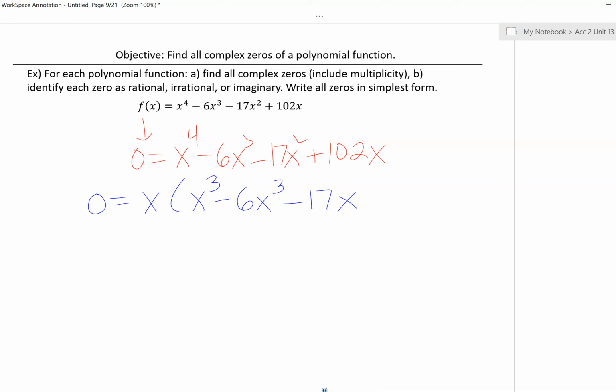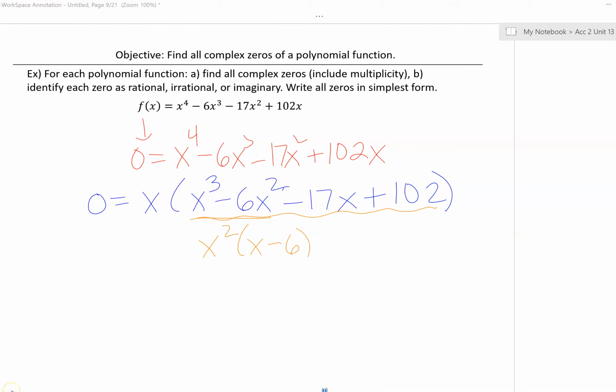Sorry, this should be a squared. And I'm going to use grouping now only on this part here. So the first two have a GCF of x squared.